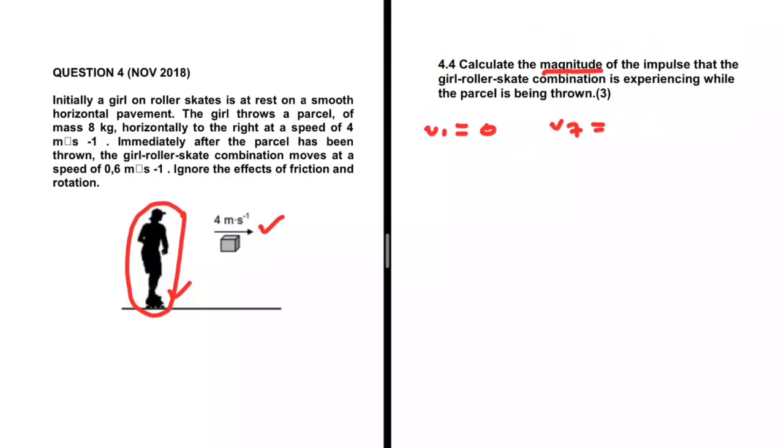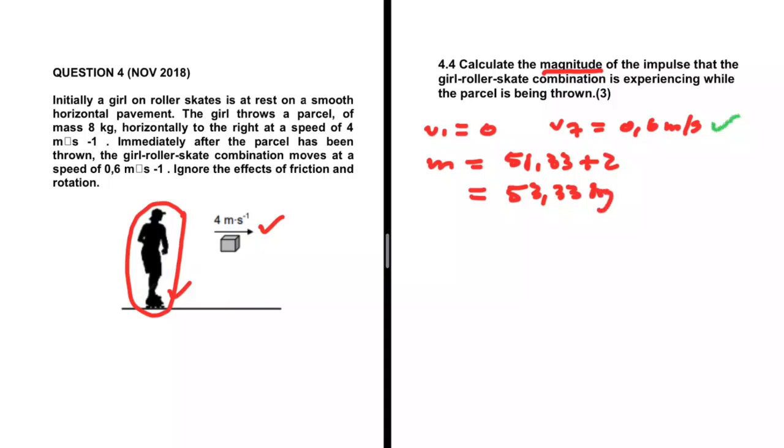Well, velocity cannot be minus, so let me write 0.6 meters per second. I just need to remember that this is to the left, right? So the mass of the girl and the roller skates is 51.33 plus 2, which will give us 53.33 kgs.